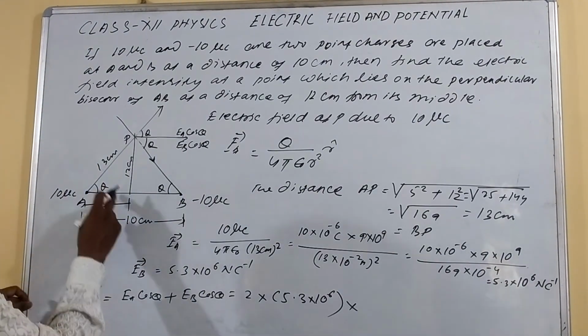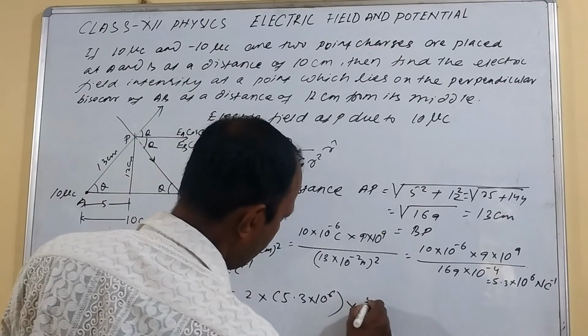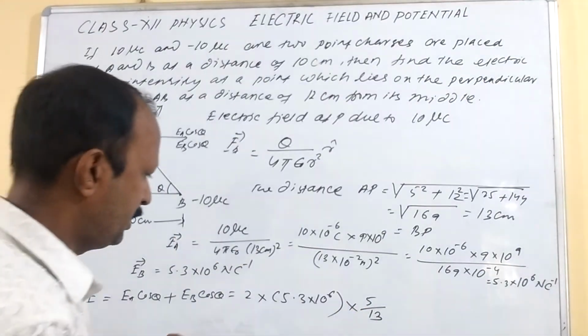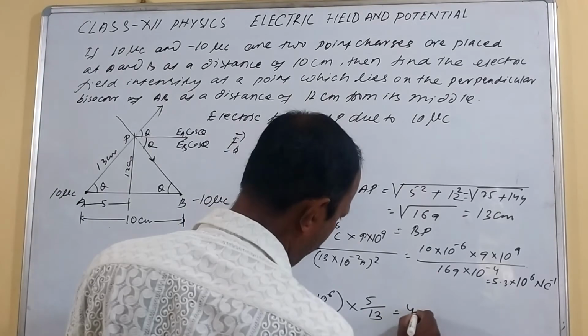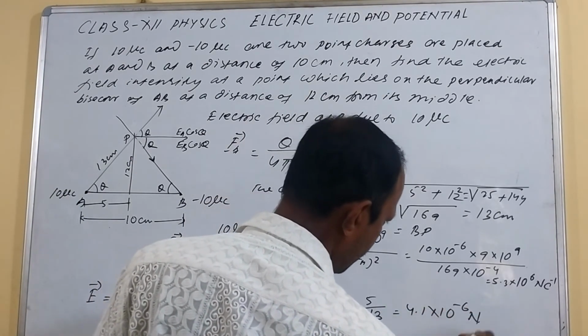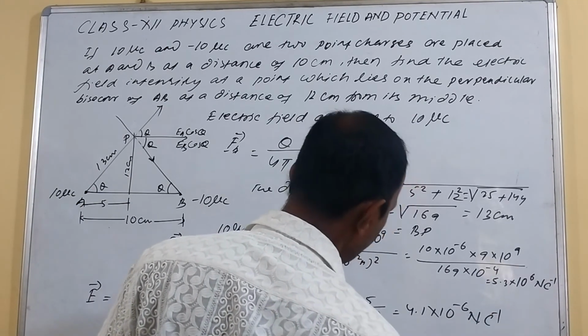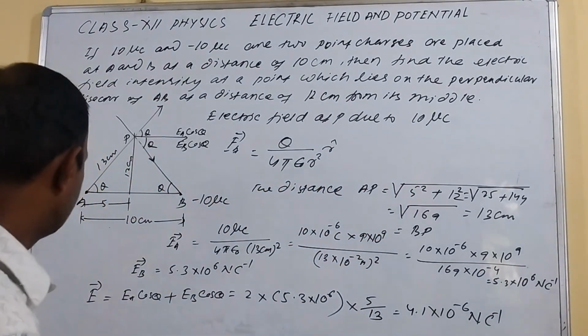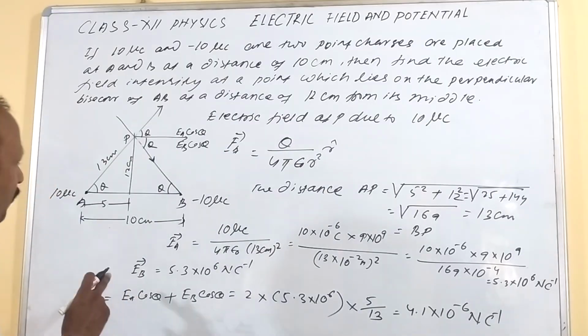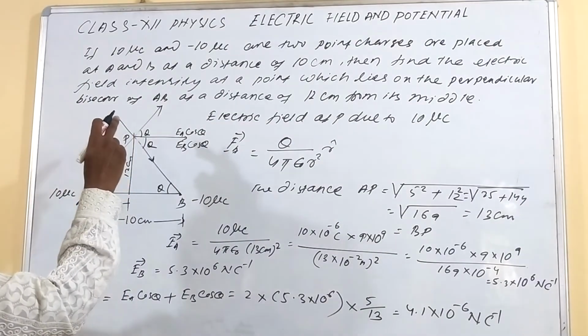So in place of cos theta, I can take 5 by 13. If I simplify, we will get 4.1 into 10 to the power 6 Newton per Coulomb. So this is the way I can calculate the electric field at the point P.